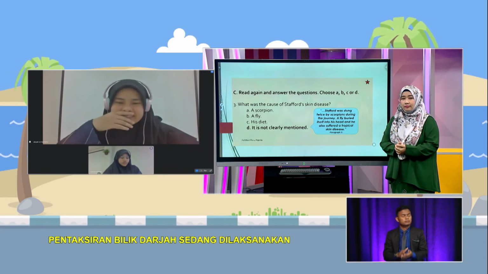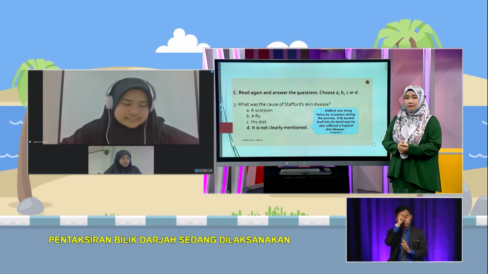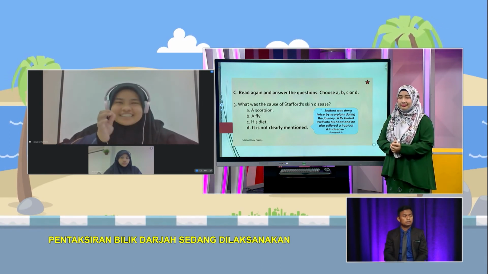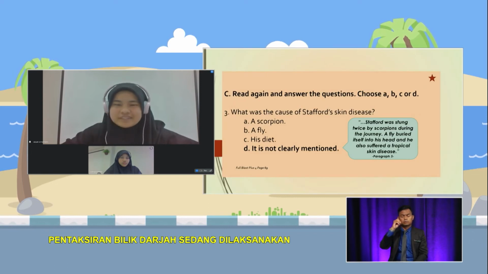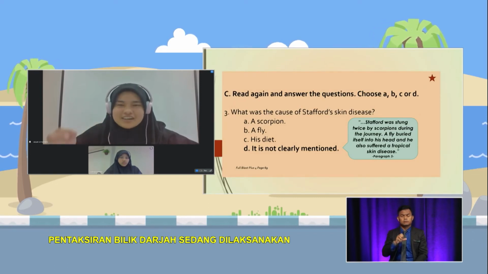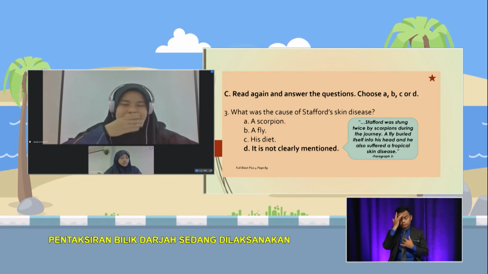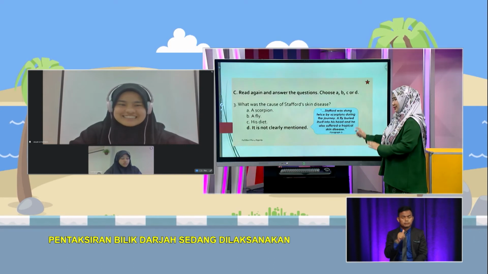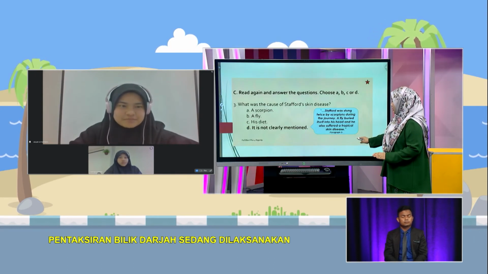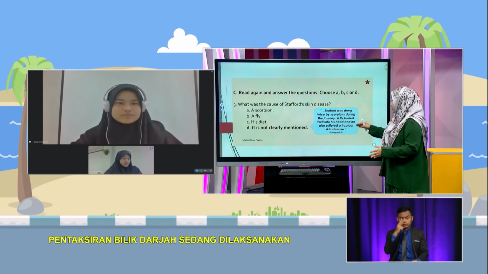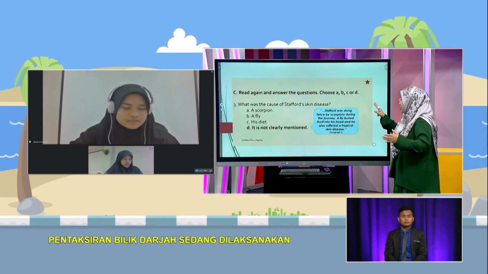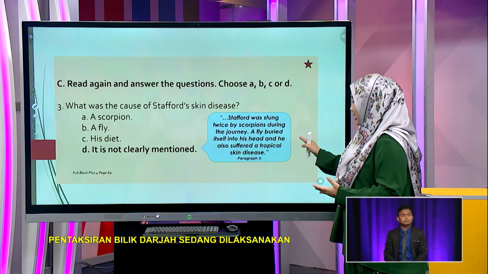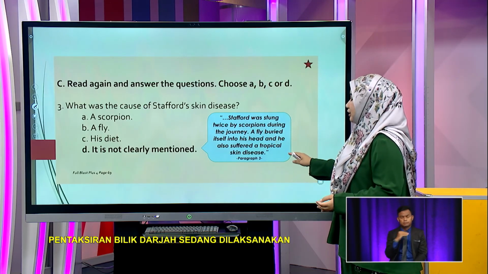So I refer back to the question, what is the cause of Stafford's skin disease? The option A is a scorpion. You see that he got stung twice by the scorpion, but the scorpion is not the cause of his skin disease. Yeah, okay, thank you Aisha. Yeah, this one is a bit tricky as well. As you could see in the clues given, it just stated what happened to Stafford. He was stung by scorpions, a fly buried itself into his head, and he also suffered a tropical skin disease.